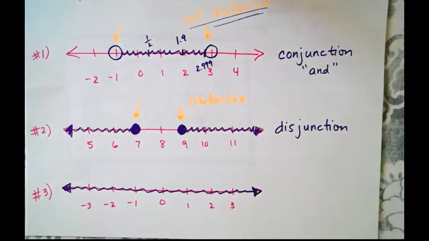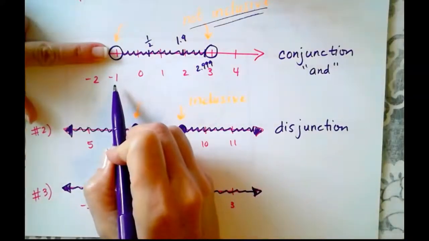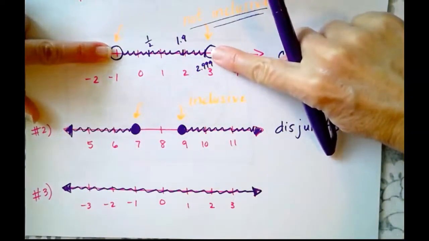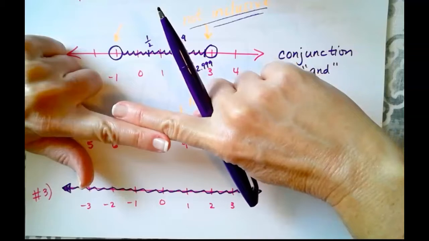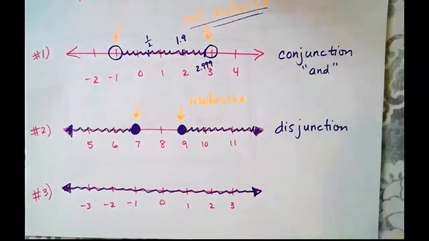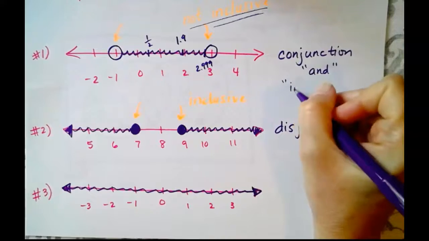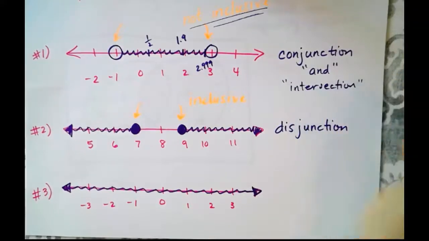This is an and situation. I'm looking for all the numbers that are greater than -1 and numbers that are less than 3. When we use the word and, that creates an overlap of sets, which is a conjunction of sets, which is also known as the intersection of two sets.